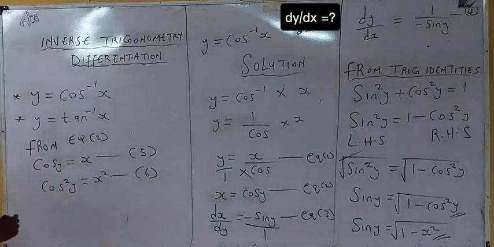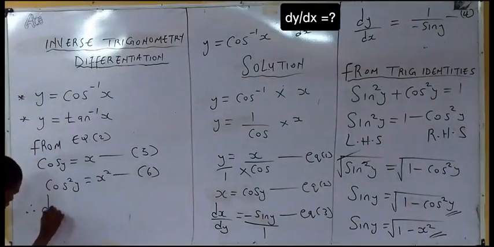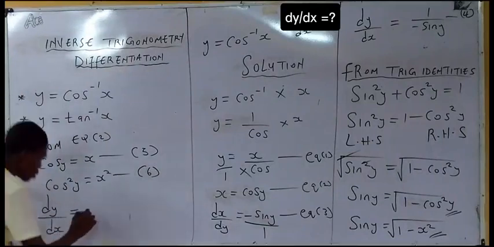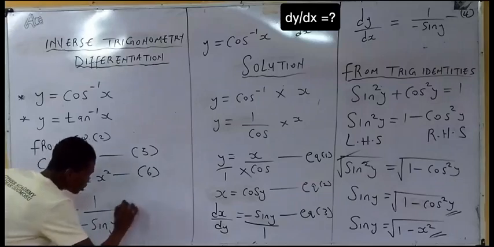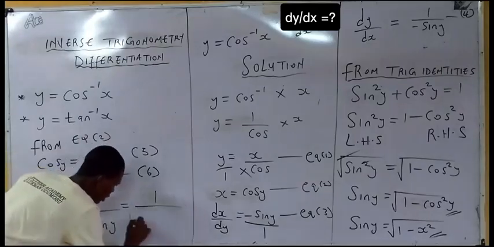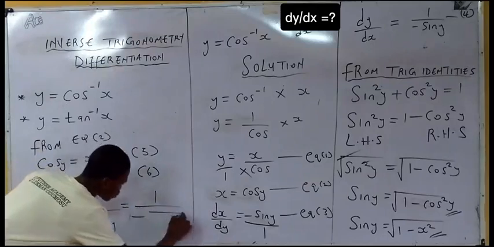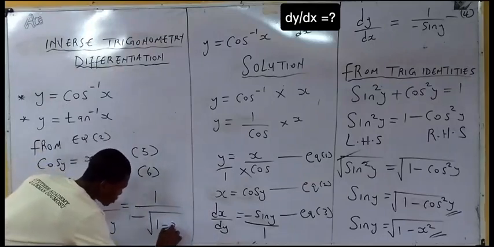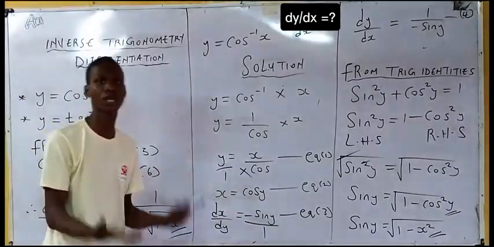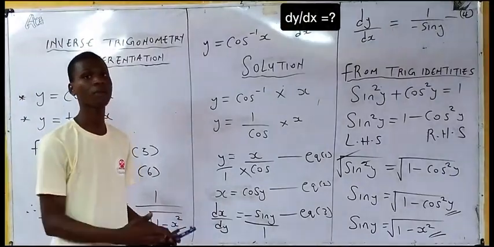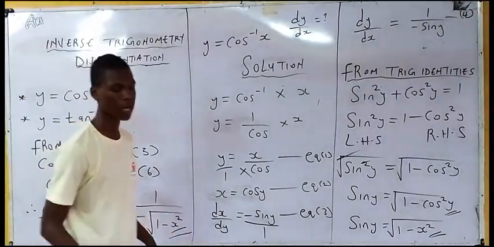So therefore, dy/dx, which is equal to 1 divided by minus sine y, is equal to 1 divided by negative square root of 1 minus x squared. So this is how you solve the derivative of cos inverse of x. This is how you go about it. Same idea when it comes to tan inverse.